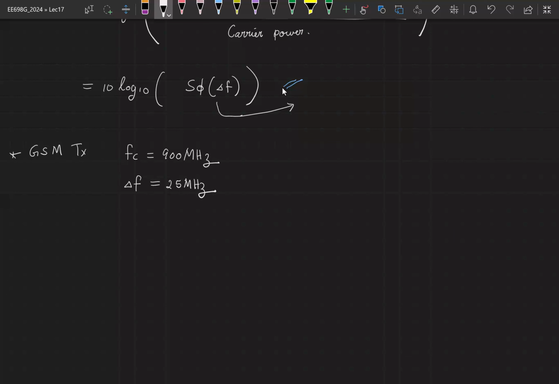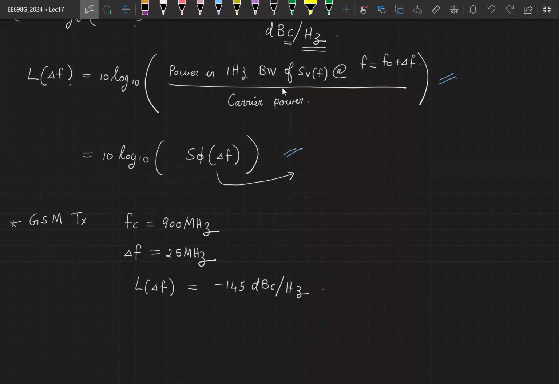So now it is at 925 megahertz. The phase noise spec has to be either minus 145 dBc per hertz or lower. At 925. So that is why the delta F is 25 megahertz. Which means that exactly at 925 megahertz, the phase noise spec has to be either minus 145 dBc per hertz or lower.